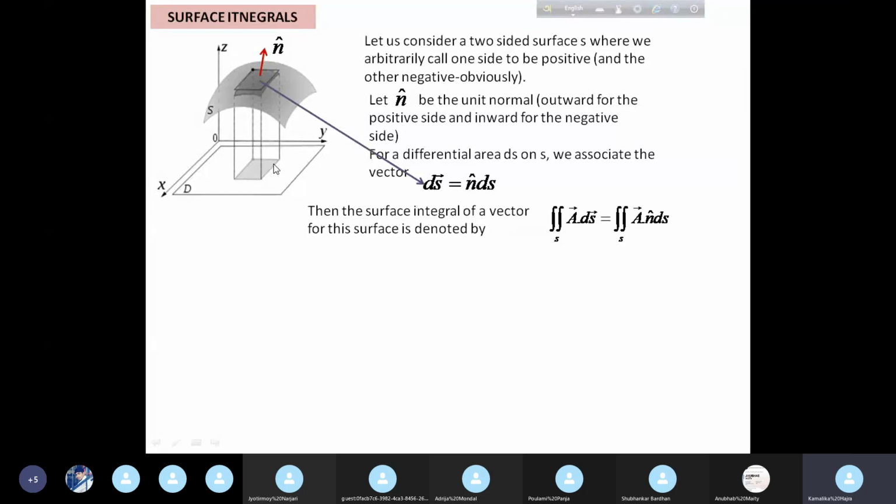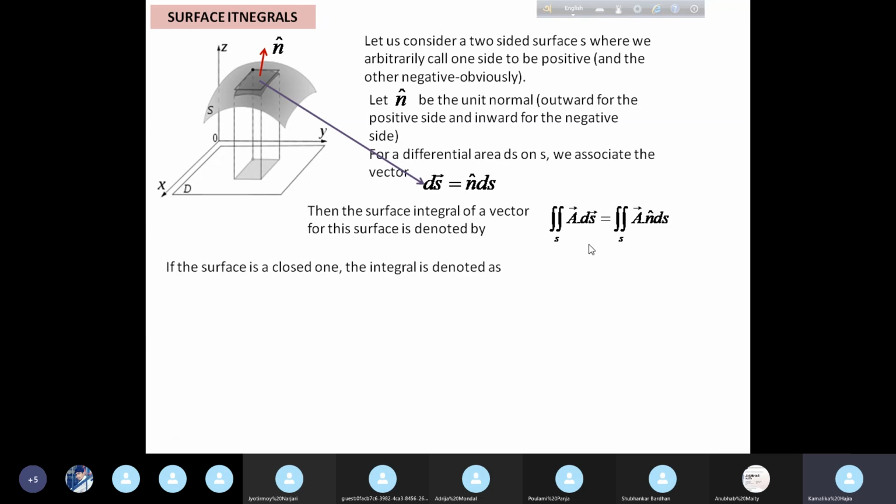Area of a rectangle means length into breadth. So if the length is an infinitesimal quantity dx and the breadth is an infinitesimal quantity dy, then the area is given by dx dy. So you can see there are two variables involved. So when you do surface integral, you have to consider two variables, which is why for surface integrals we write the integration sign twice, and S written over here means surface integral over the surface S.